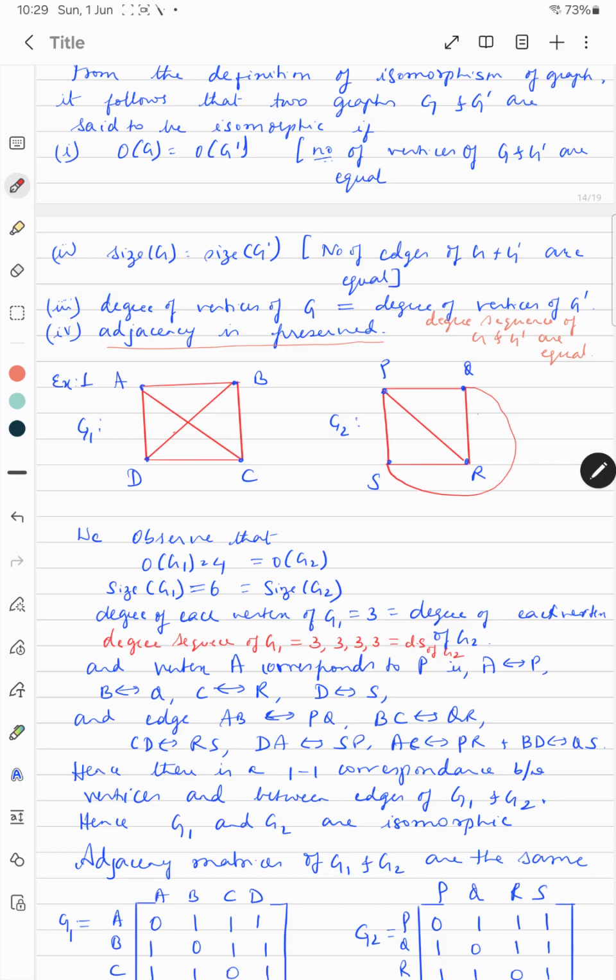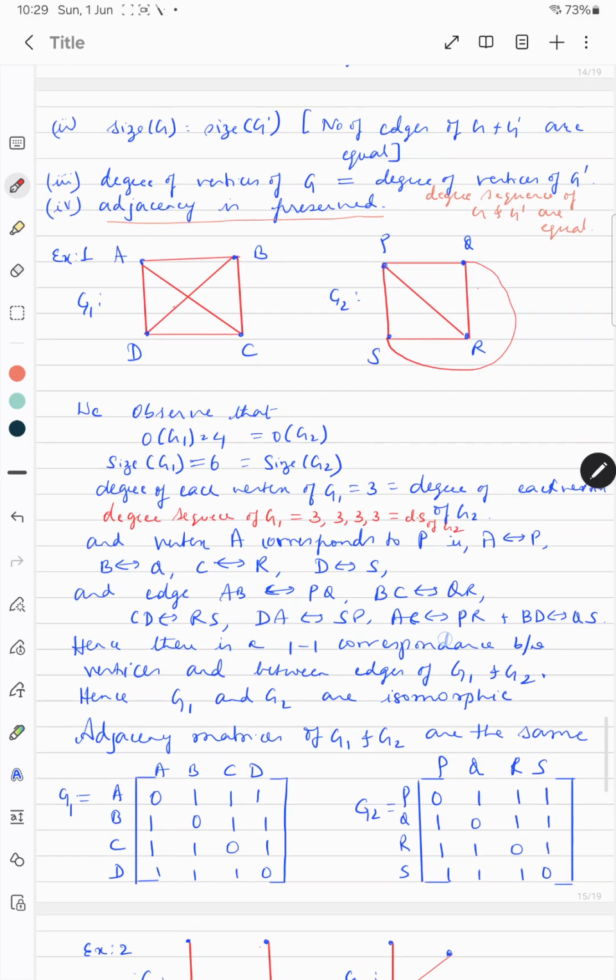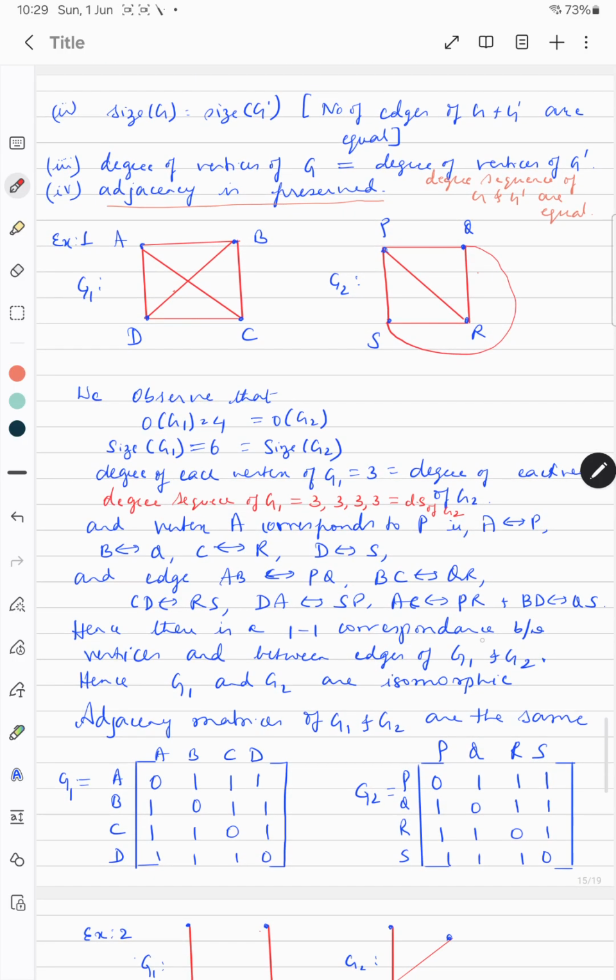Now we also need to check the edge correspondence. Edge AB corresponds to edge PQ, BC corresponds to QR, CD corresponds to RS, DA corresponds to SP. And hence there is a one-to-one correspondence between the vertices and between the edges of G1 and G2.